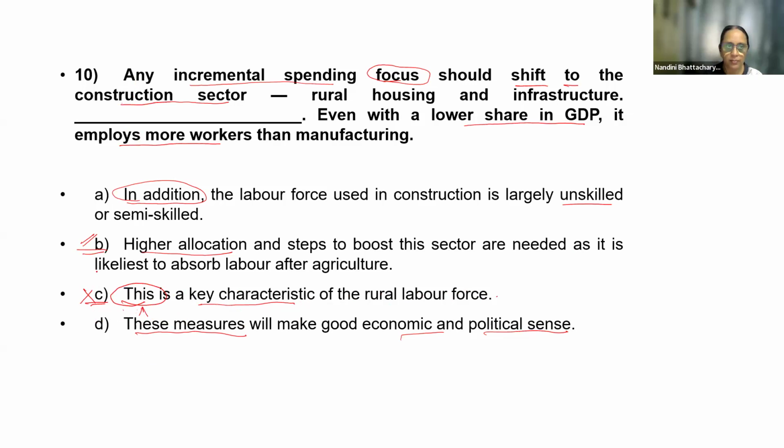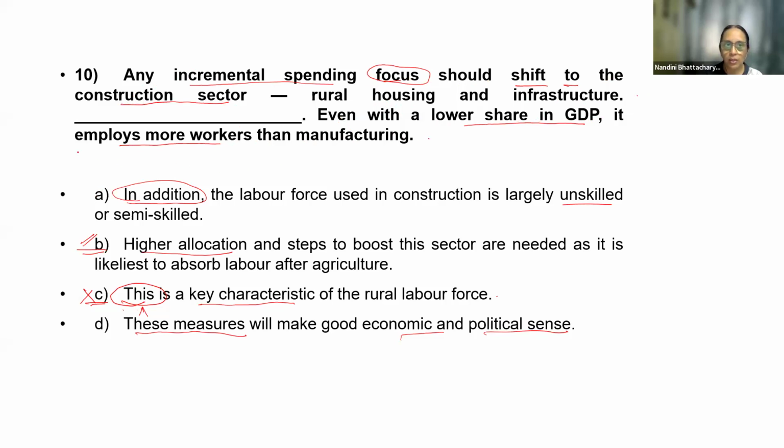We'll eliminate C. Now, if you look at the passage, an incremental spending focus should shift to the construction sector, rural housing and infrastructure. Even with a lower share in GDP, it employs more workers than manufacturing.